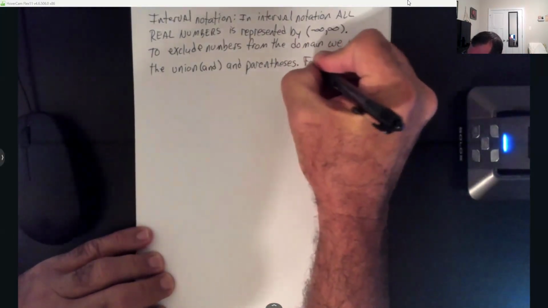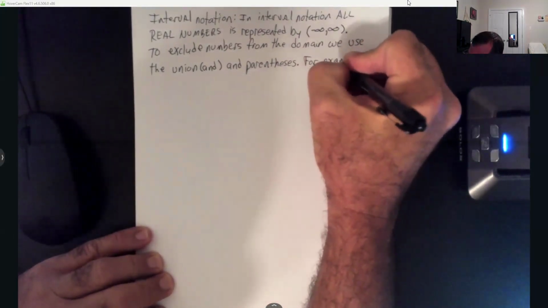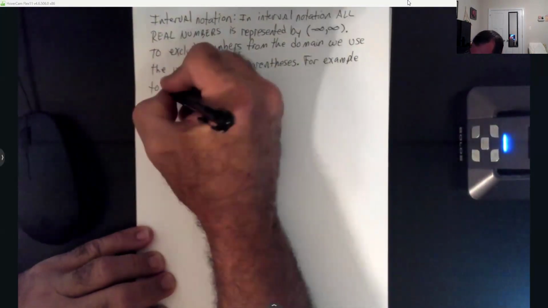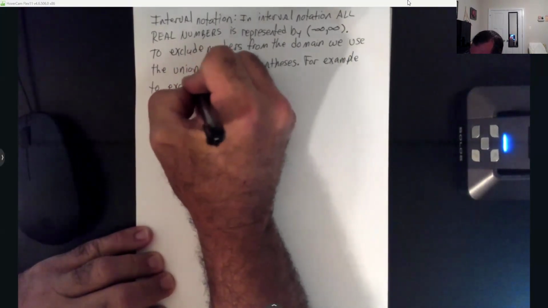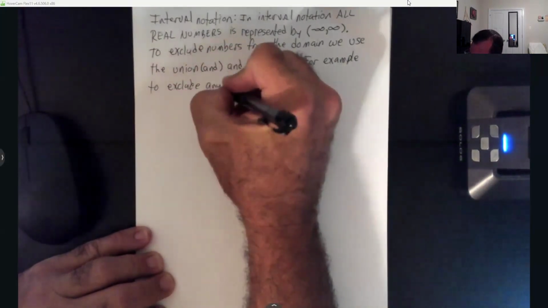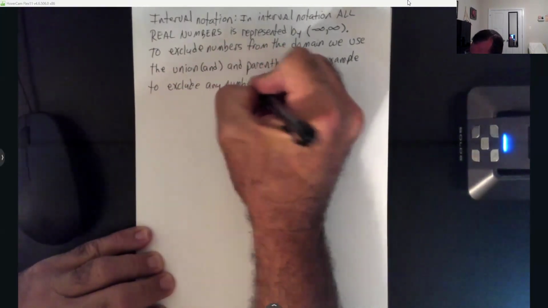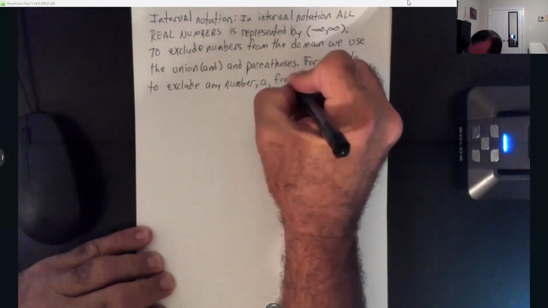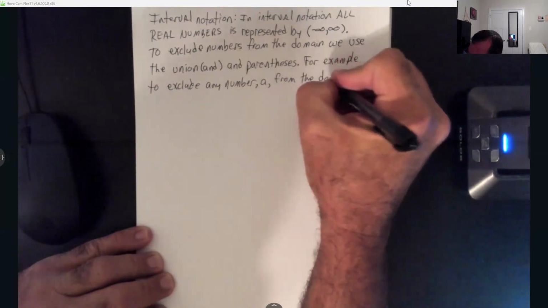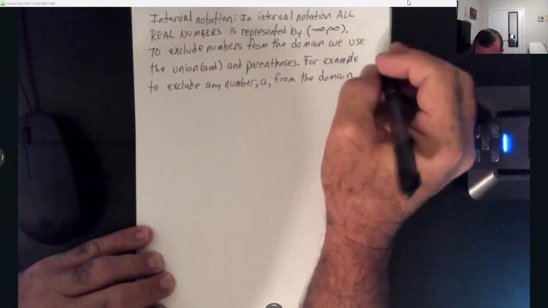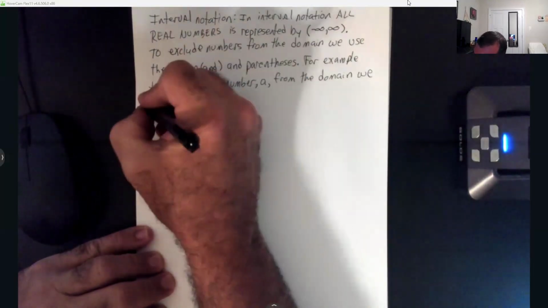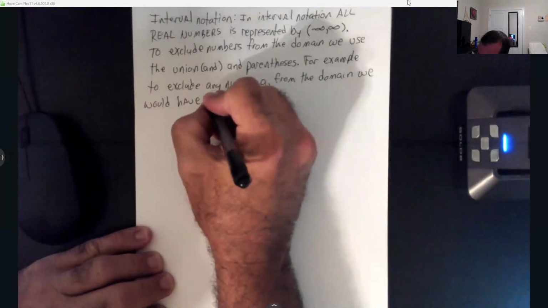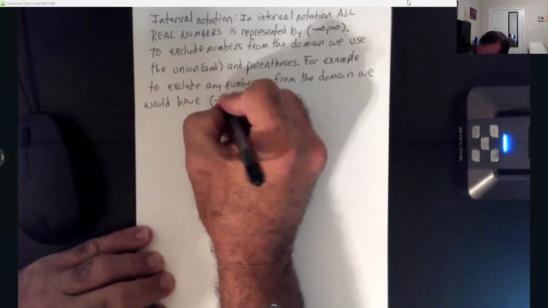So for example, to exclude any number A from the domain, we would have, so they're always going to start at negative infinity.